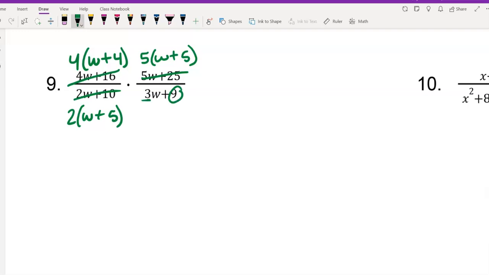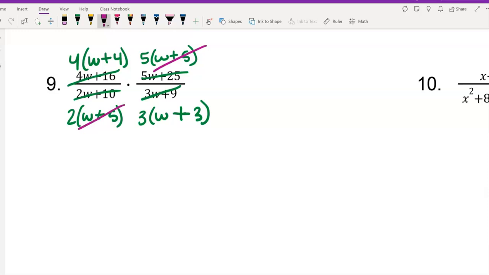Is 9 divisible by 3? Yes, it is. So we're dividing by 3. Oh my gosh, my pen's going out. Oh, come on. 1 plus 3. All right, now we have factored everything, and now we can start canceling out our matching pairs.